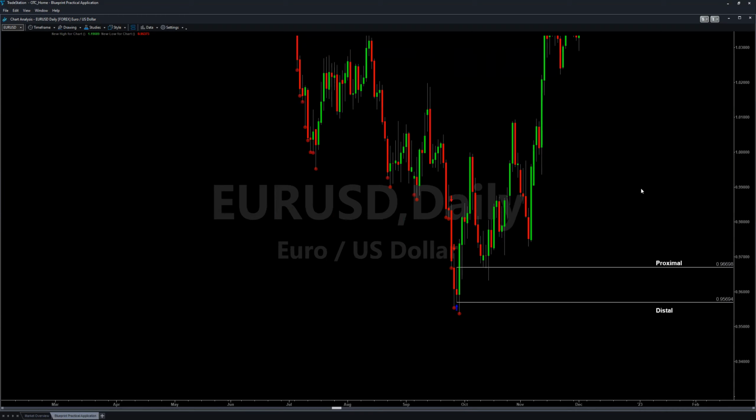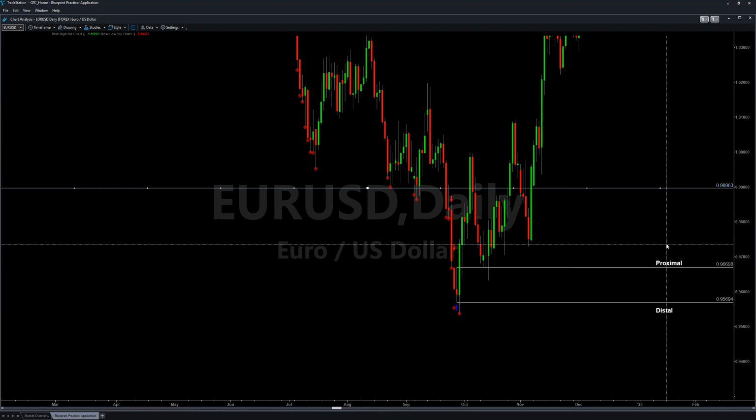Proximal is close to the current price. For example, that's the current price, 0.99. That means a proximal line is always, also for the supply, close to the current price. Distal line is far away from the current price.